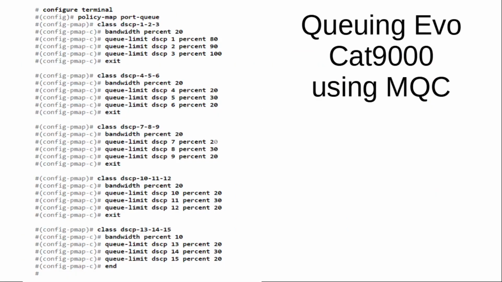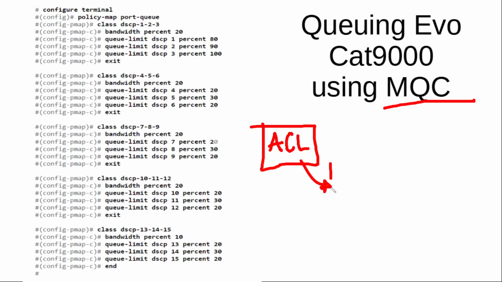And then the most recent switches use the modular quality of service CLI that is based on blocks. So you create your ACL block to identify some type of traffic, and then you use these blocks to create your class map blocks.